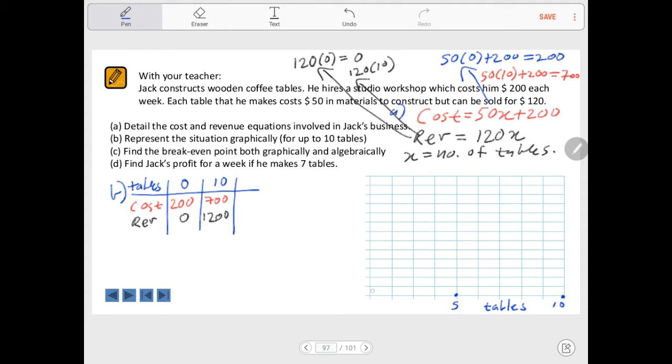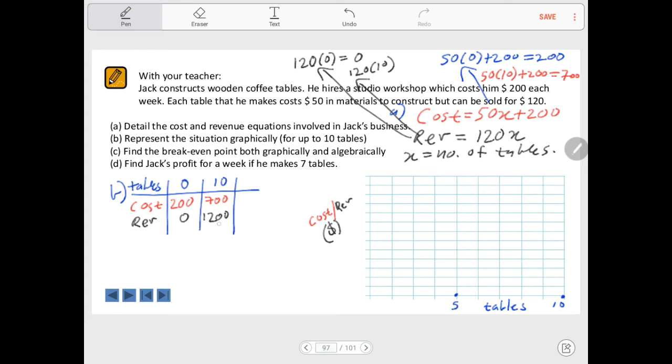And then on this axis, we're going to have our cost and revenue. We can just write them together. You don't have to use all these different colours, but just for the purposes of the video, I'll keep the red and the black going. Cost and revenue, and we just put the dollar symbol there.